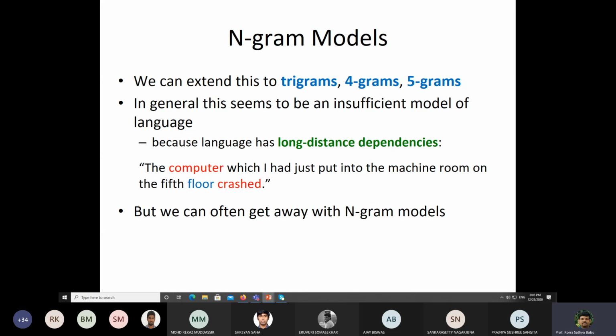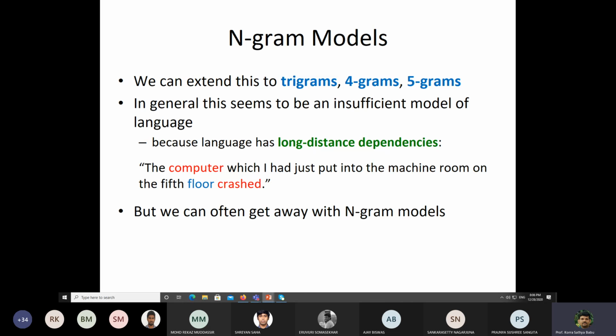There is a dependency between computer and crashed. What crashed? The computer crashed. It is not the floor which has crashed. So there is a long distance dependency from word to word.